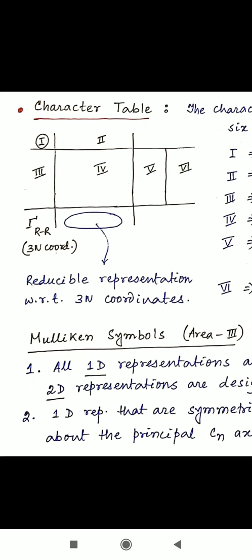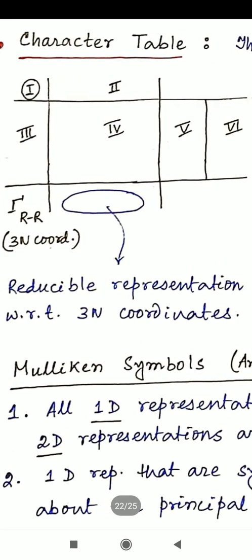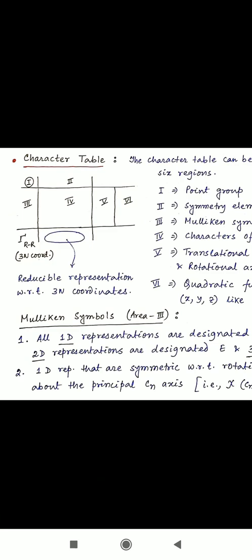Now at number 3 we have to write the irreducible representations, but obviously that should be in the Mulliken symbol form. Okay, so now I just want to discuss the Mulliken symbols.